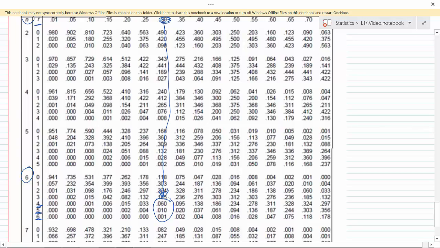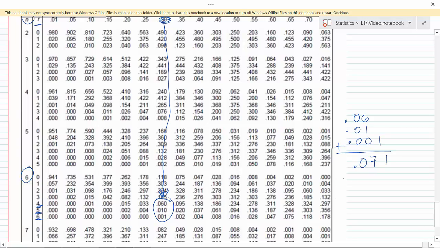So the probability of at least 4 successful surgeries is 0.06 plus 0.01 plus 0.001. So I'm going to add those up.